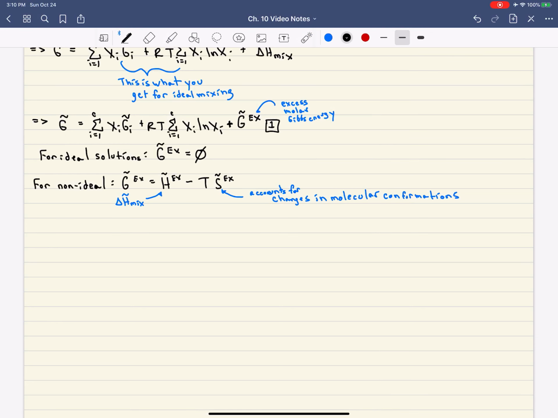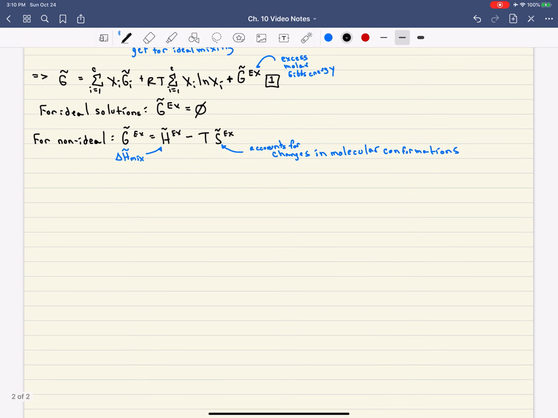All right, in any case, this was just the molar Gibbs energy of the entire mixture. But if we want to calculate the chemical potentials, which serve as the equilibrium criteria for mixtures, the chemical potential for species i, we know, is the partial derivative of the total G, or N times G molar, so that's total N, partial derivative with respect to Ni, at constant temperature, pressure, and species j not equal to i.